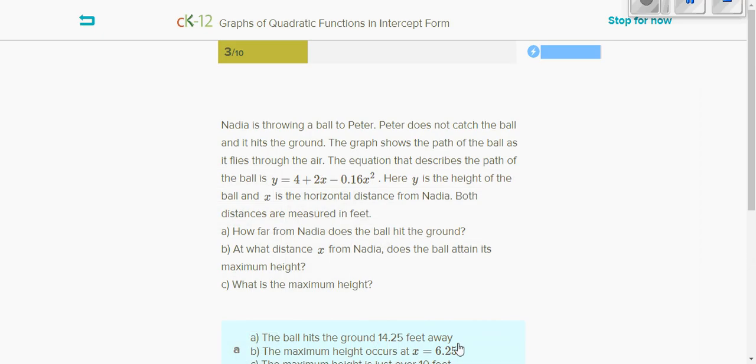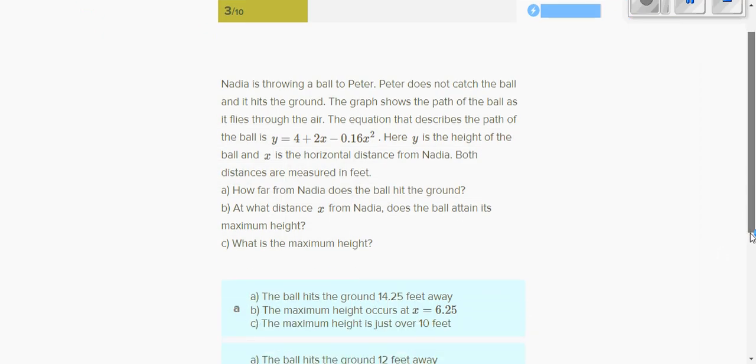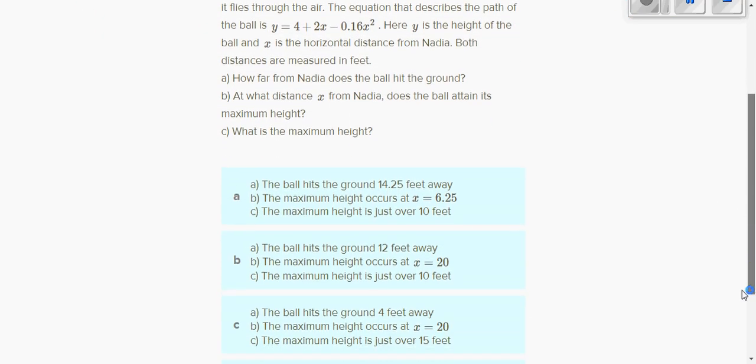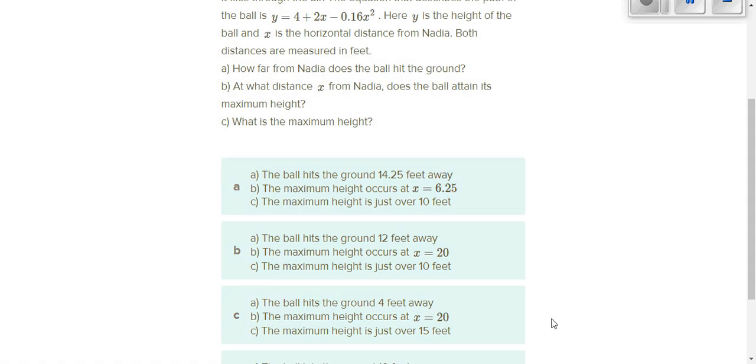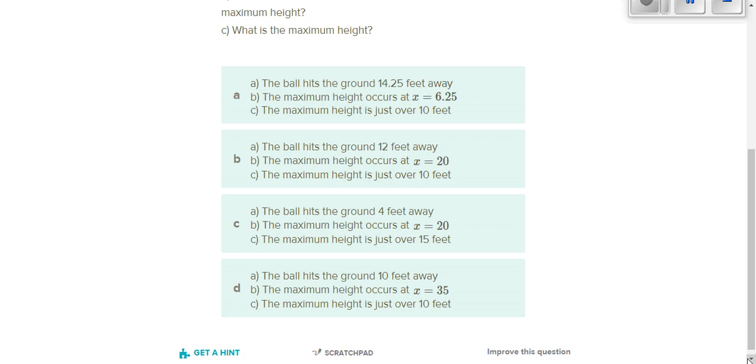So let's find that. The ball hits the ground 14.25 feet away. Is that what I saw? Yep. So is x and y both feet?